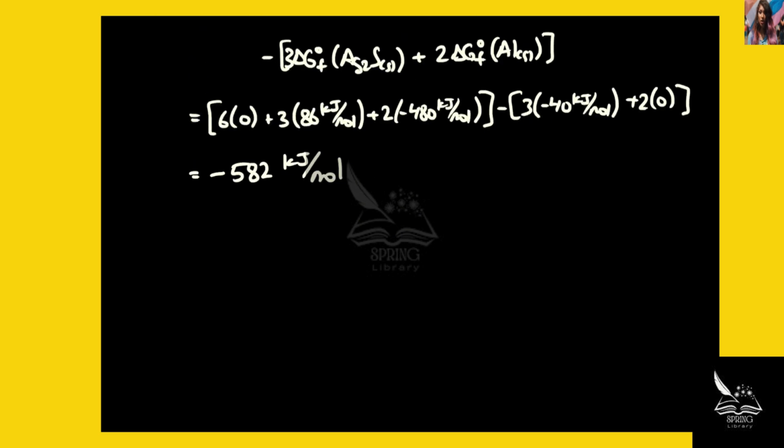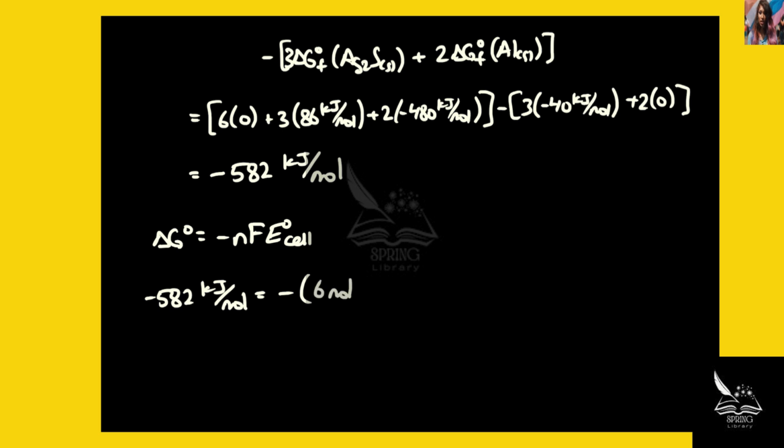Now let's calculate the E naught here. The delta G naught is equal to minus NF E naught cell. Delta G naught is negative 582 kilojoules per mole. N is the moles of electrons that get transferred, so this is equal to 6 moles of electrons.